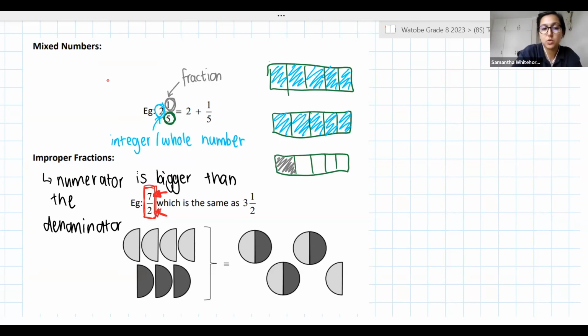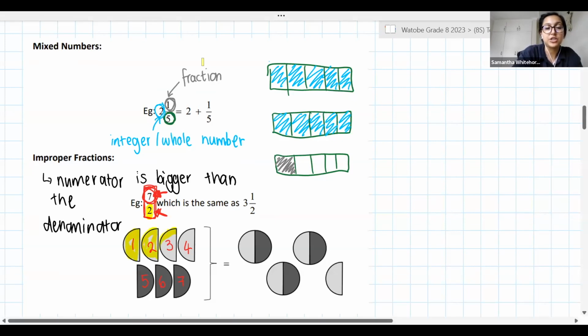That's what those numbers talk about. So here are my 7 parts, these sort of half moon things. They are the 7 parts, which is my numerator. And the 2 is telling me that I'm splitting them in half. So that's why I've only got half a circle for each of my shapes. The denominator is 2, so I'm working with half of my shape.